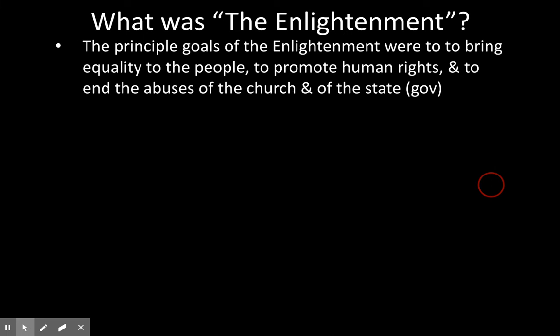And they wanted to promote human rights. And even though there was slavery happening in different parts of the world during the 1700s and even partway through the 1800s, the ideas of ending slavery and having some equality and some humanity and human civil rights were starting to be born.